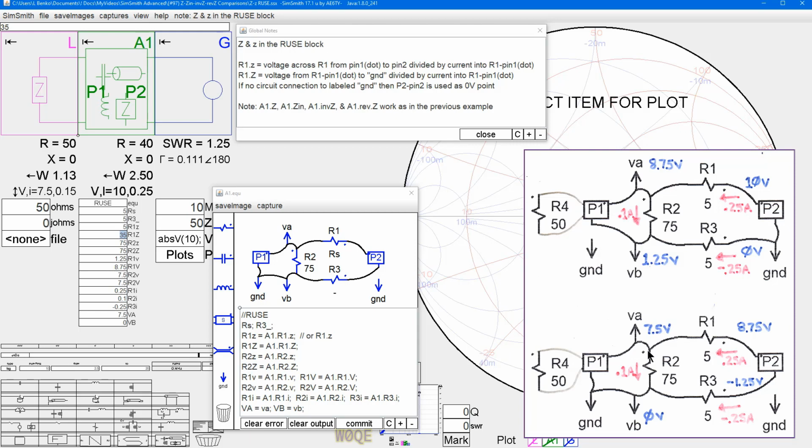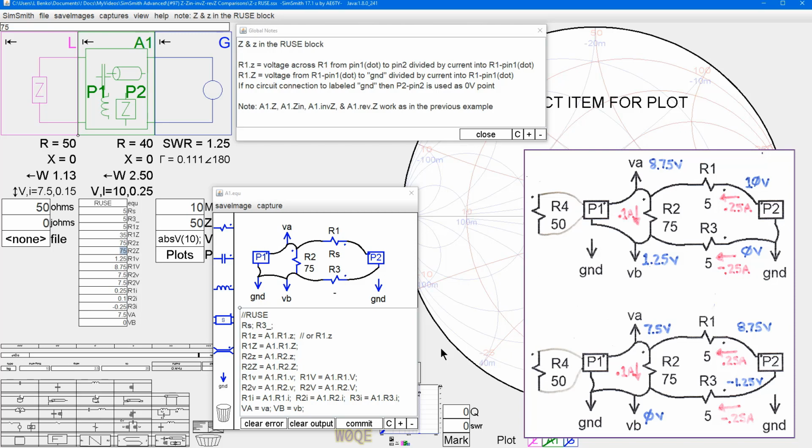R2 dot small z is 7.5 minus 0, which is 7.5, divided by 0.1 amps is 75 ohms, and we see 75 ohms right there. R2 dot capital Z is 7.5 divided by 0.1, and it's again 75 ohms. I don't use the capital Z function very often, but it's available, and it was put into SimSmith, and I just thought I'd mention it.